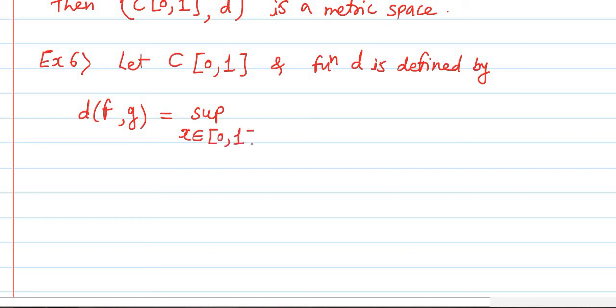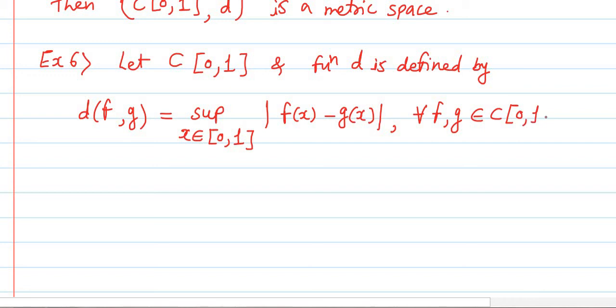Here x can be any one member of the set [0,1], but the supremum of mod of f(x) minus g(x), and this is for every pair of functions f comma g belonging to C[0,1].